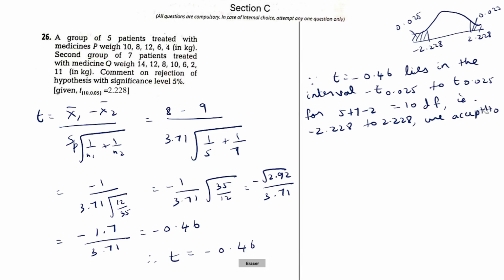Now since we accept H0, we can conclude that there is no significant difference between the mean weights of patients treated with medicine P and medicine Q.